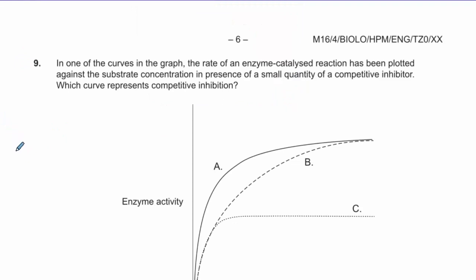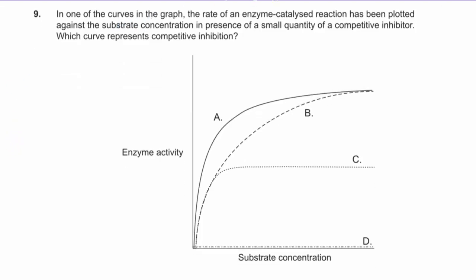9. In one of the curves in the graph, the rate of enzyme catalyzed reaction has been plotted against the substrate concentration. So plotted against the substrate concentration, this is very important information. So this is typically enzyme activity. And C would of course be a non-competitive inhibitor.